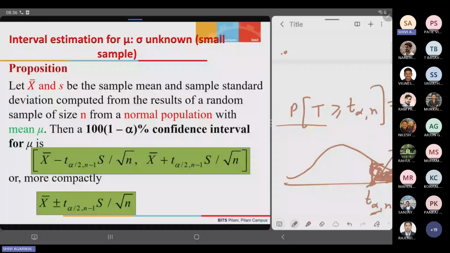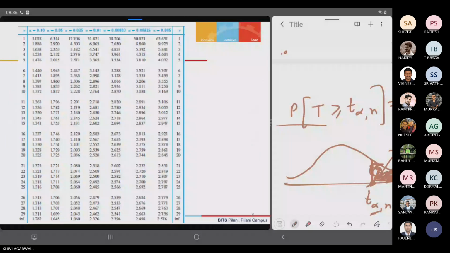Are the slides visible now? So you can see the table. This is basically the t distribution table. In the first column you can see nu, which is the degree of freedom. The critical values are given for alpha equal to 0.1, 0.05, 0.025, 0.01.